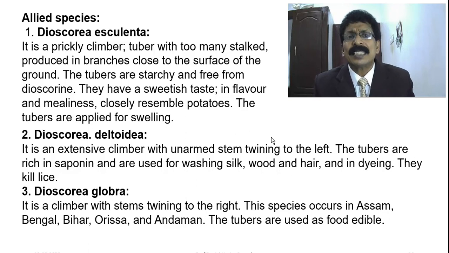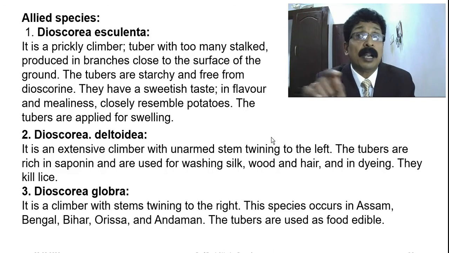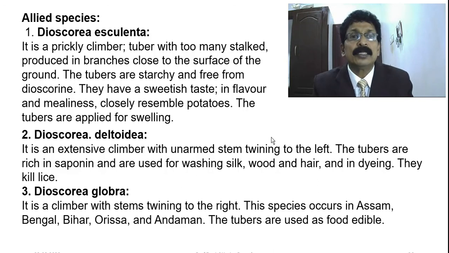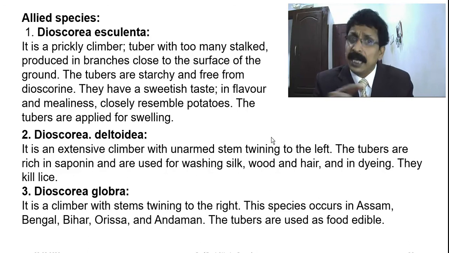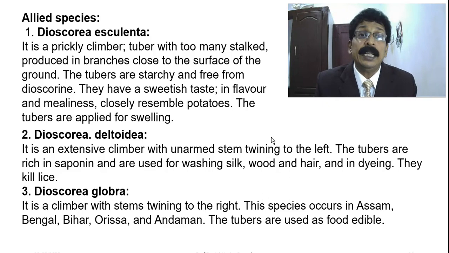The tubers are starchy and free from dioscorin. Dioscorin is an alkaloid; it is free from alkaloid and has some bitter taste, so it is not there in this, but we are interested only in diosgenin, only in the saponin glycoside, which is present, so it is a substituent. You can use this as a substituent, or allied drug.